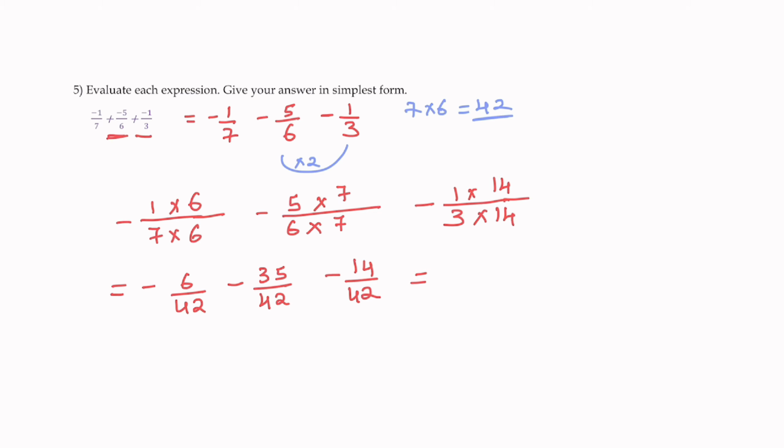All our fractions are negative. So we are going to add all these numbers, which is 6 and 35 makes it 41. 41 plus 14 makes it 55 over 42. And remember the minus sign, as all the fractions are negative.